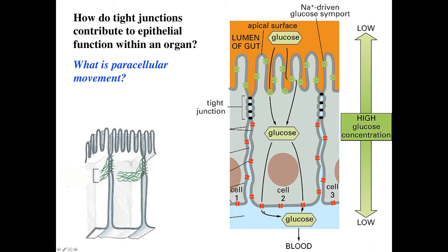What does paracellular movement mean? Paracellular movement means movement of material between cells through a tight junction. Normally, you have very little paracellular transport between these tight junctions because of Claudin seals that prevent movement through these tight junctions.